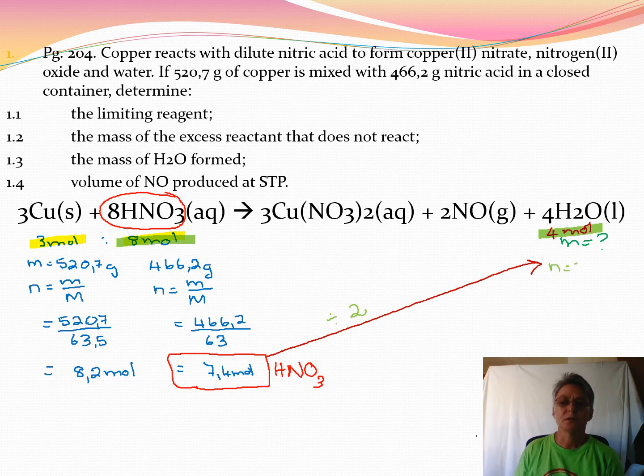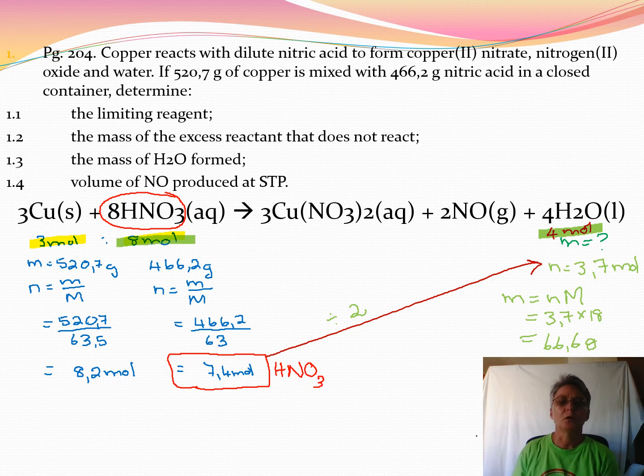So that would be 3.7 moles of water, and to calculate the mass, it's moles times molar mass, so it's 3.7 times 18, which is 66.6 grams of water that will be formed.